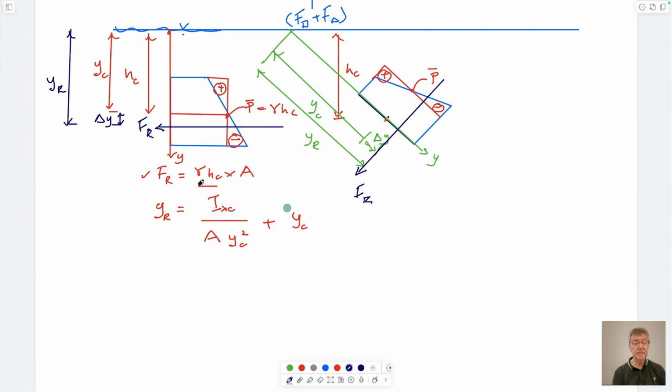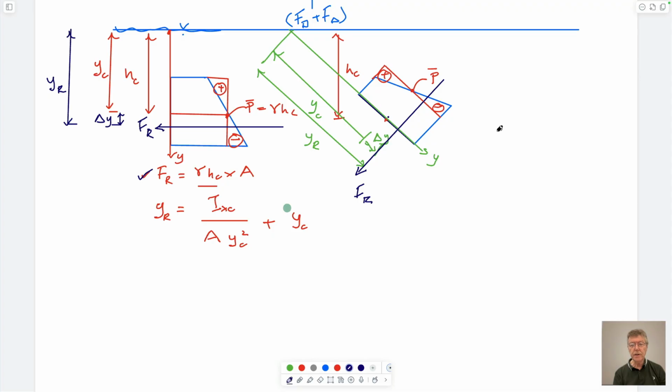FR is the same magnitude as this because HC is the same. But the location where it acts is at the same location on this plate. Actually, no, it's not. Forget that. Delta Y here is not the same as delta Y here. It's changed. So the magnitude will be the same, but the point of action will change.